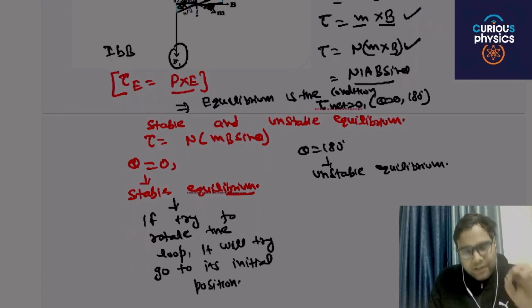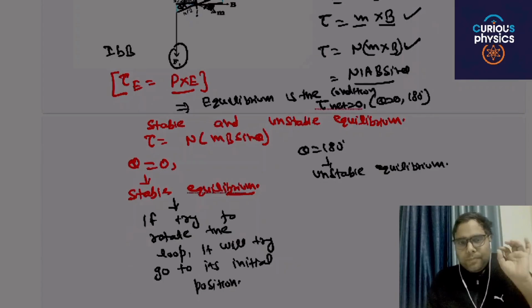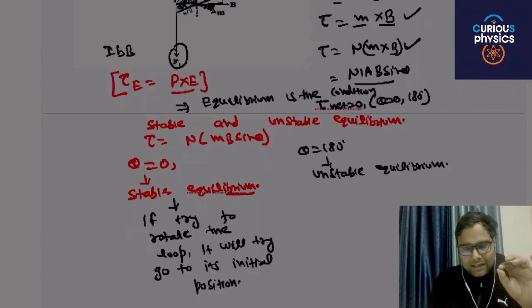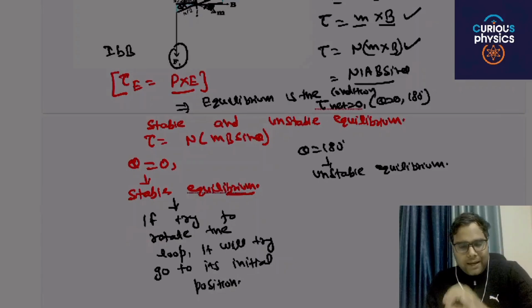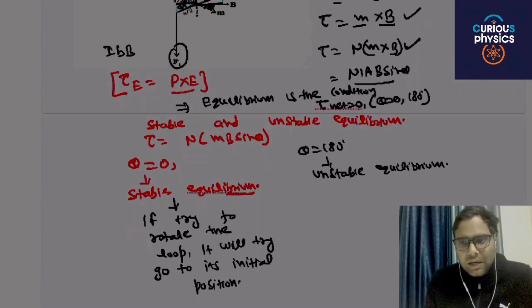Just remember one point: if the magnetic moment and magnetic field are parallel, it is stable equilibrium, and when they are anti-parallel, there is unstable equilibrium.